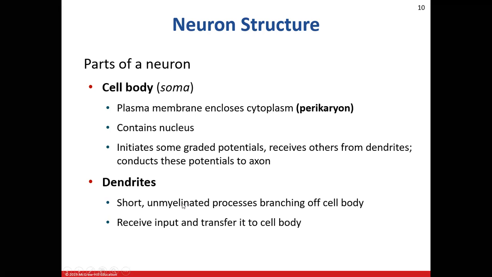So when we talk about myelinated versus unmyelinated, myelinated is basically the insulation, and it allows the neuron to conduct the signal at a faster rate. Unmyelinated means that there is no myelination at this location, and it causes the transfer of the signal down the cell to be a little bit slower. And we will talk about that a little bit later, but just to kind of give you an idea of what these terms mean already.